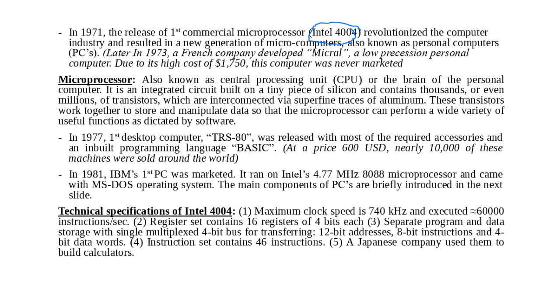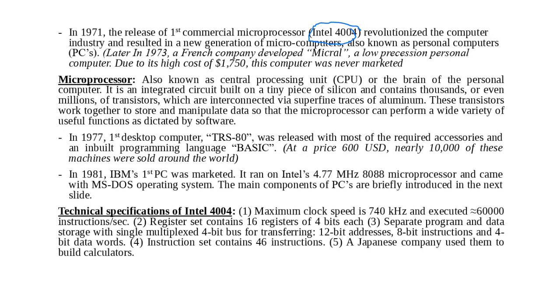And it has some registers. So what is a register? A register is a memory space device inside the microprocessor. It's not like normal memory such as RAM or ROM, which are called external memory. The microprocessor has some memory space called registers.